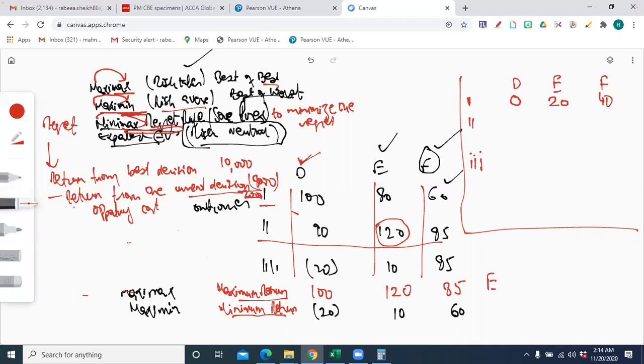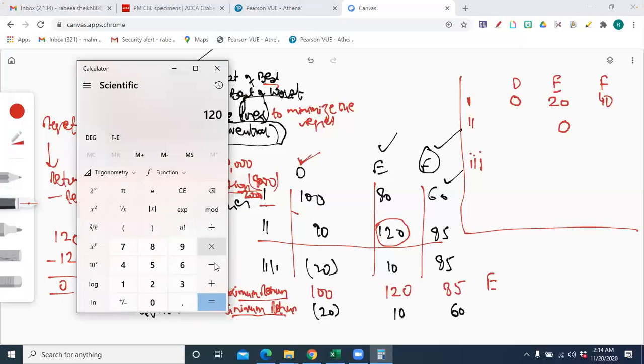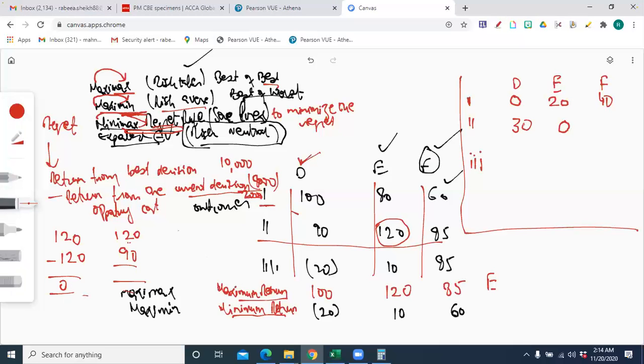So the best return was 120 and he chose 120 as well. What's the regret here? 0. But here he chose 90. The best was 120. What's the regret here? 30. The regret is 30.